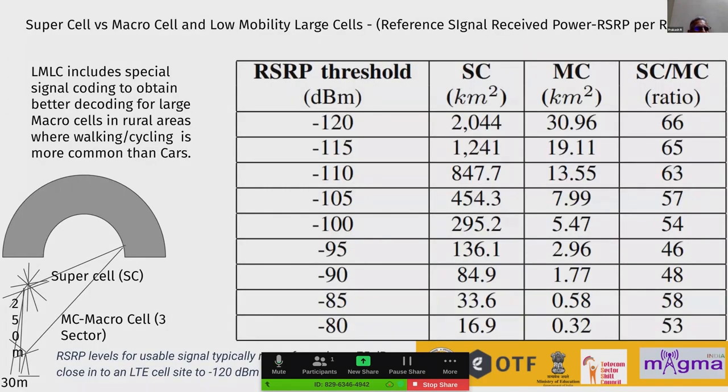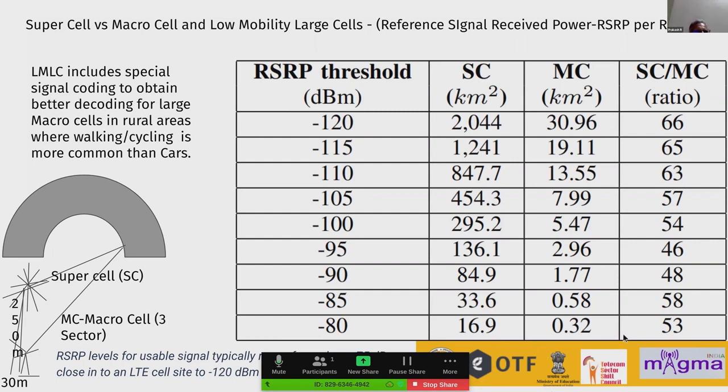And coming to the LMLC, that is low mobility, longer coverage. It depends on how one handles it. So there is one more equivalent of that. Normally our cell towers are say 30 meters for the macro.